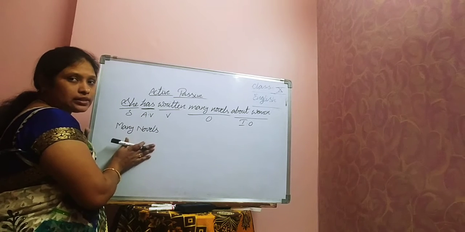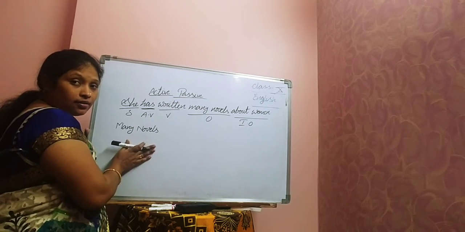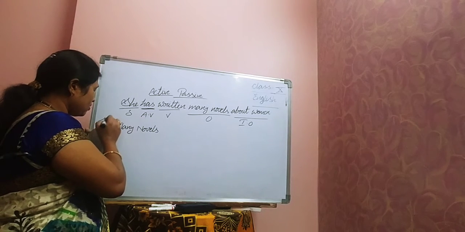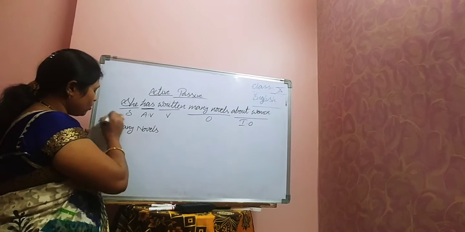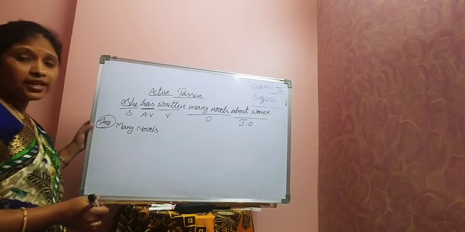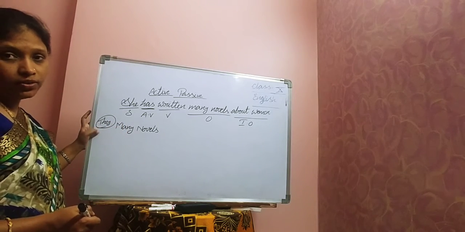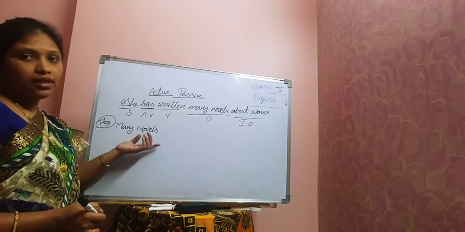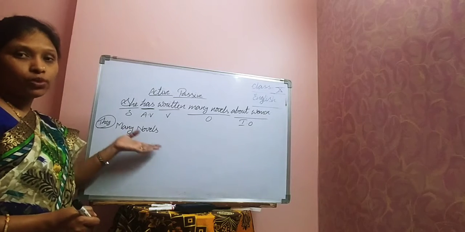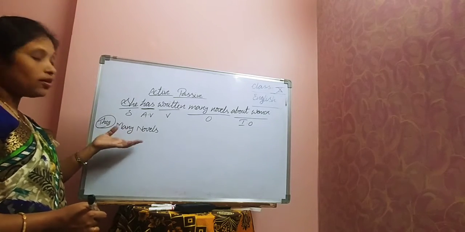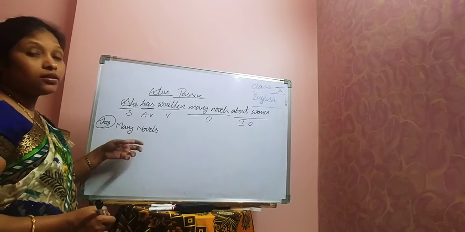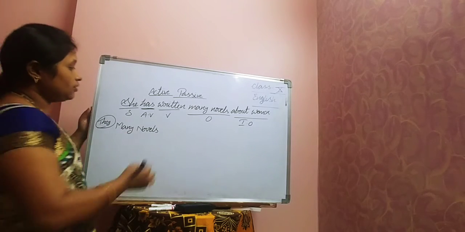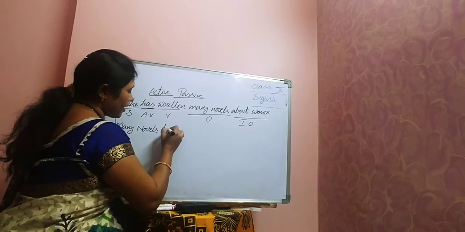Here, many novels, which comes under object. Many novels can be treated as they, because it is plural, more than one. Now this is third person plural, so we need to write have.